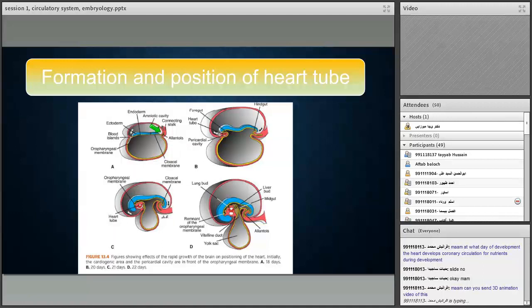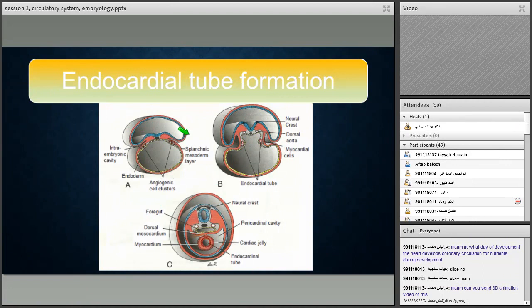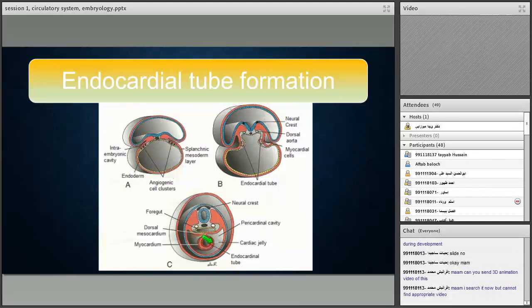And the lateral folding of the embryo connects the angiogenic cell clusters to each other and makes the endocardial tube. The endocardial tube, which is a horseshoe-shaped tube, has the endothelium in its inside part, and it is surrounded by the myocardium.